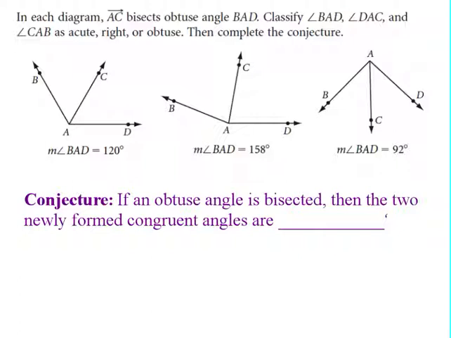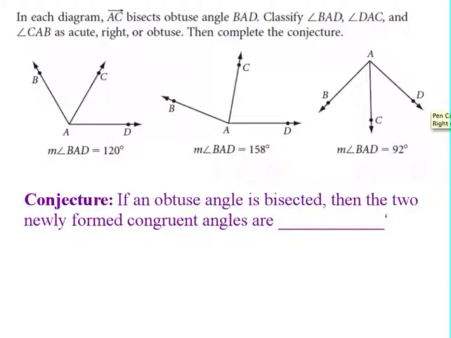In each diagram, ray AC bisects obtuse angle BAD. Classify angle BAD, angle DAC, and angle CAB as acute, right, or obtuse. Then complete the conjecture. So let's start with angle BAD.